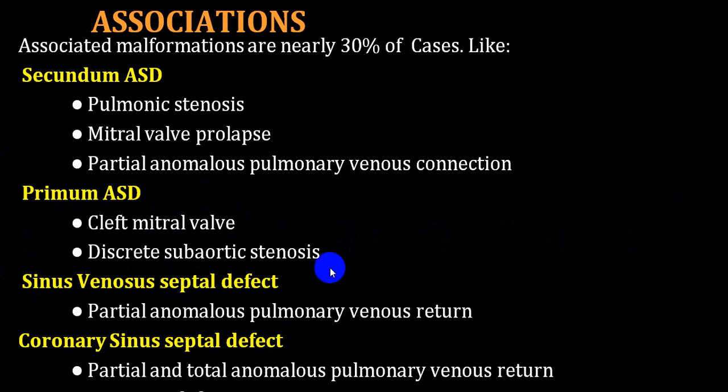Sinus venosus, we already told you, is associated with partial anomalous pulmonary venous return, from the right pulmonary vein into the superior vena cava or into the right atrium. There is another variety called coronary sinus septal defect, where you can have a partial or total anomalous pulmonary venous return, and there is a persistence of left superior venous drainage.